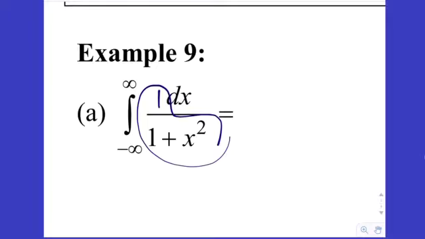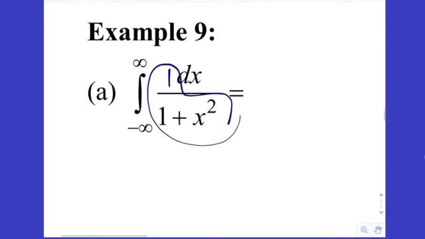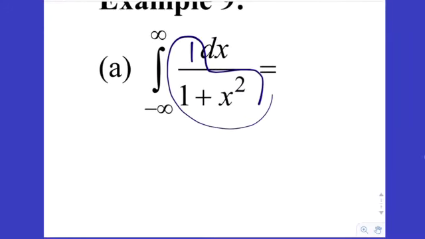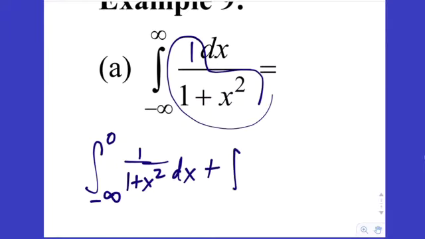When we evaluate limits, really, the nicest number to plug in, if you don't like a challenge, right, is 0 if it's in the domain. And 0 is in the domain. So 2 is not bad, 70 is not bad, but I'm going to choose 0. So the first thing I'm going to do is write this as the integral from negative infinity to 0 of 1 over 1 plus x squared dx plus the integral from 0 to infinity of 1 over 1 plus x squared.